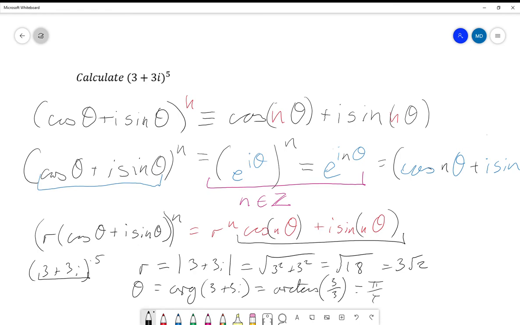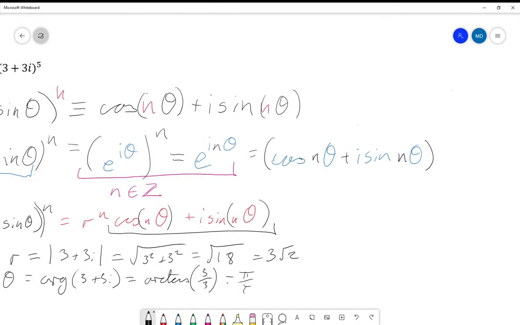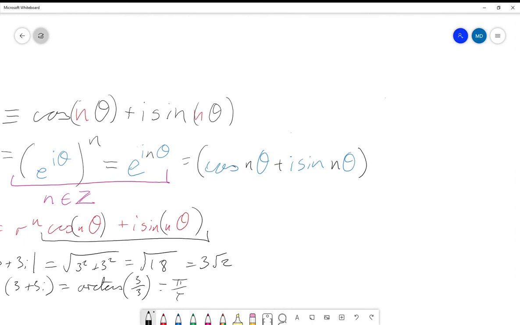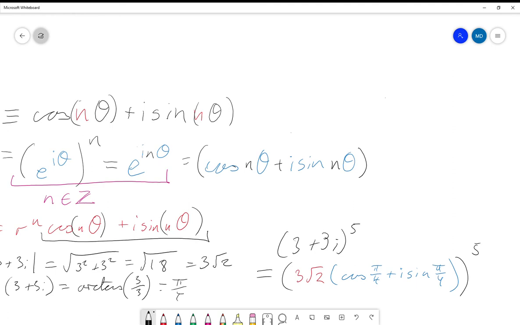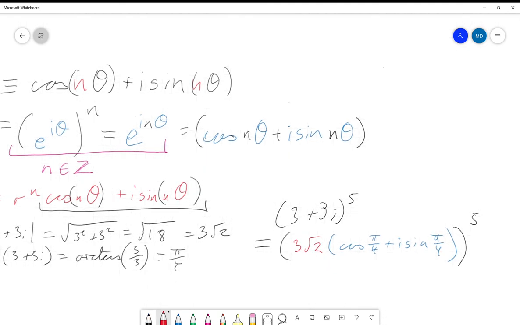And now we can write it out in our form of r cosine theta plus i sine theta. And so when we're dealing with 3 plus 3i to the power of 5, that is equal to 3 root 2 multiplied by cosine of pi over 4 plus i sine of pi over 4, and all of that raised to the power of 5, which by de Moivre's theorem is going to be equal to 3 root 2 to the power of 5.